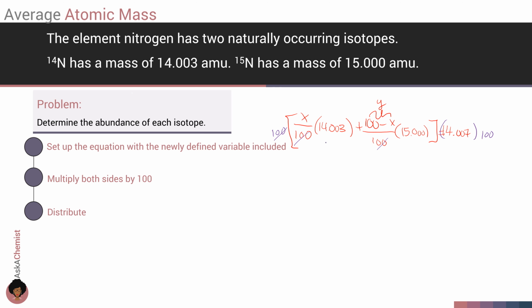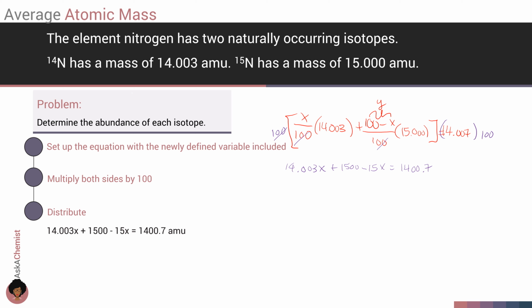And so we'll be left with 14.003x plus 1500, because we're distributing everything, minus 15x, and this would be set equal to 1400.7. Okay, so that's what we get on the left.